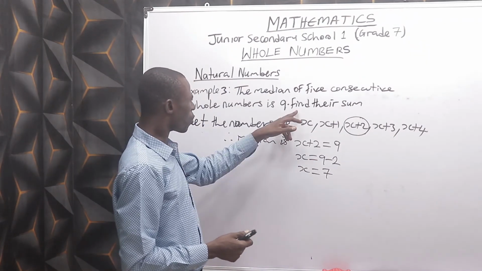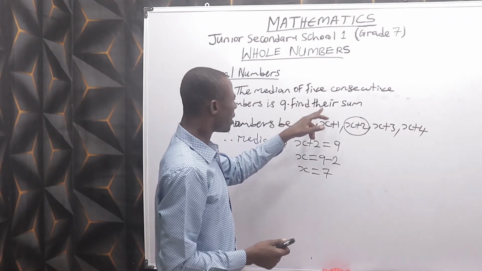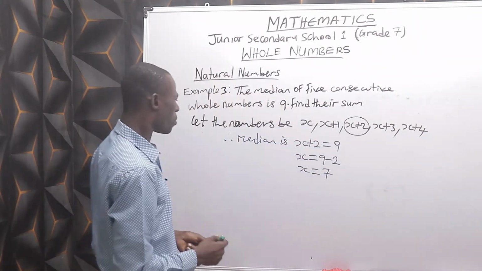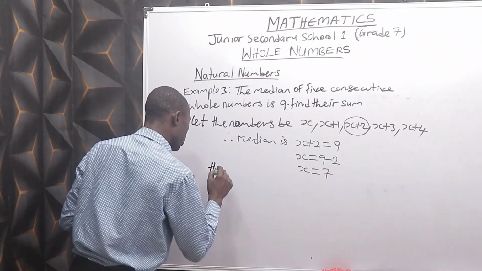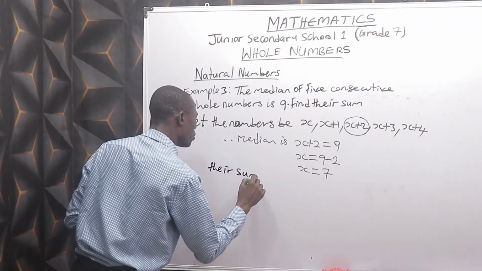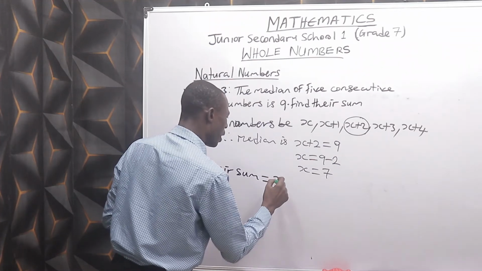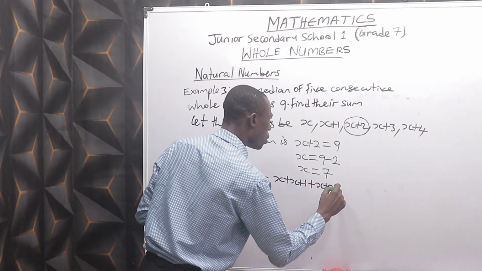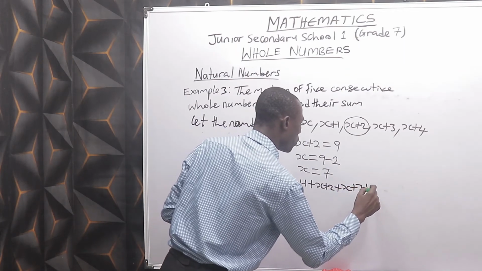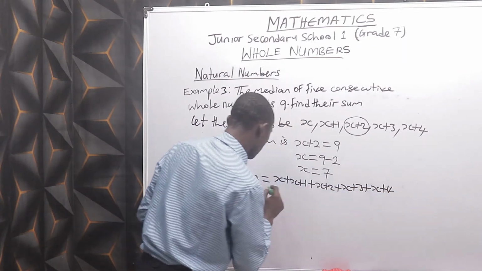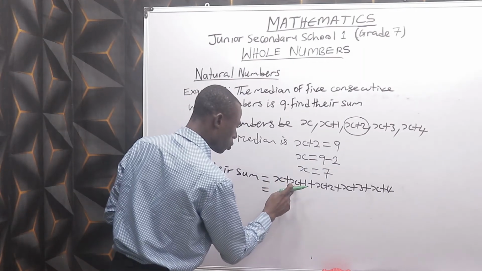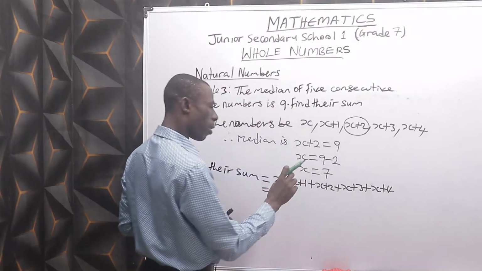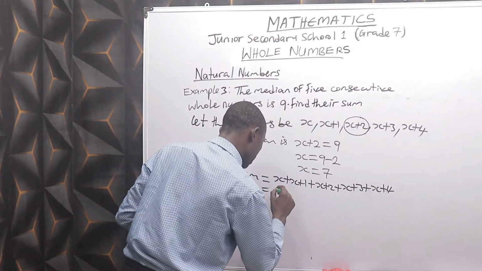Now the question says find their sum, that is the sum of the 5 consecutive whole numbers. We say their sum therefore is x plus x plus 1 plus x plus 2 plus x plus 3 plus x plus 4, which is x plus x, 2x, plus x, 3x, plus x, 4x, plus x, 5x.